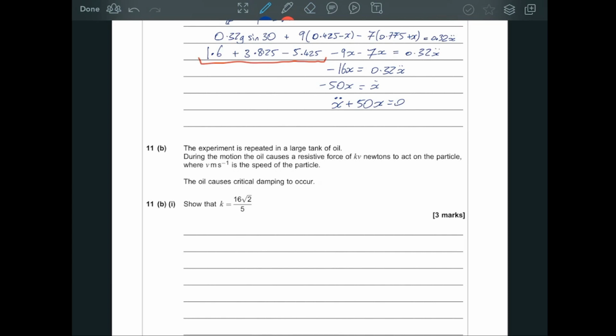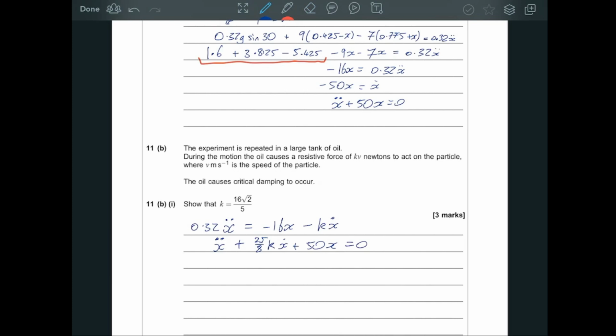So if we go back to our F equals MA, we have that MA equals negative 16x, but now we've got a minus kx dot here, which will then create the equation x double dot plus, and if I do 1 divided by 0.32 as a fraction, is 25 over 8k x dot plus 50x.